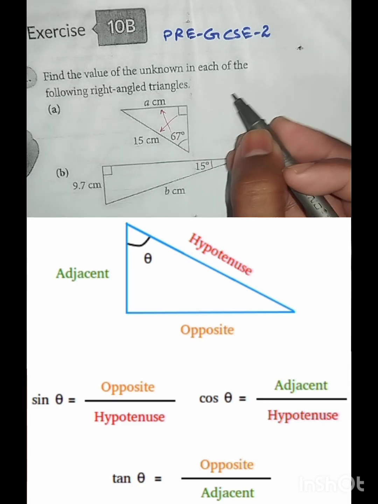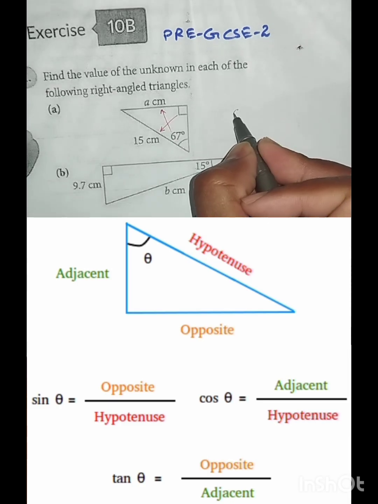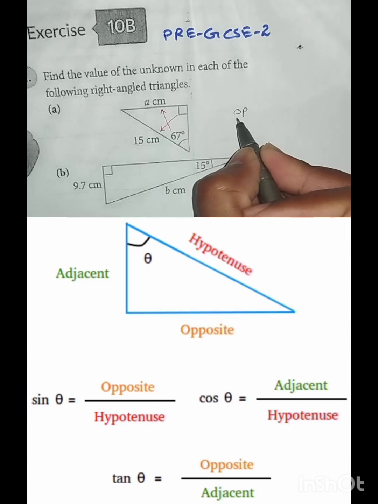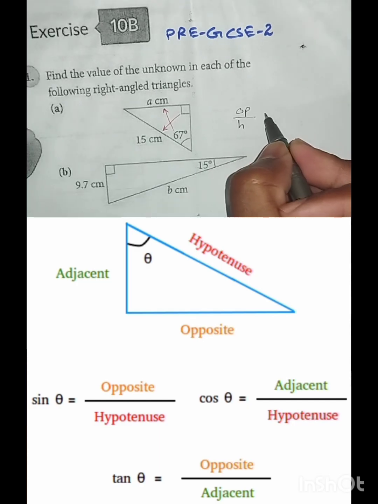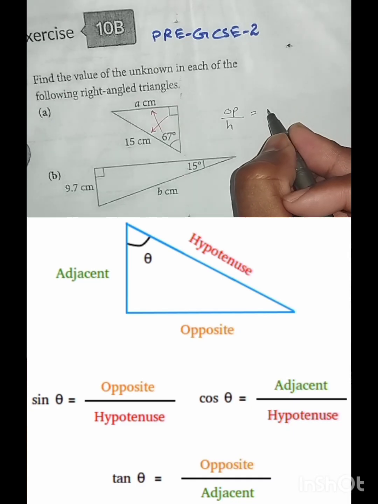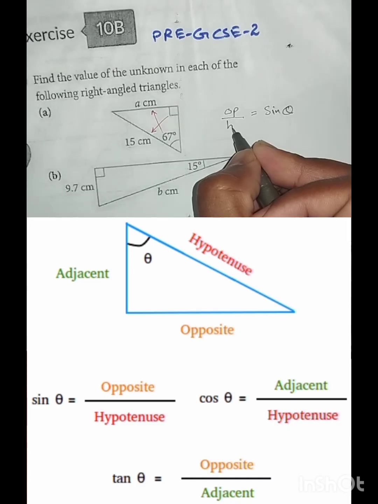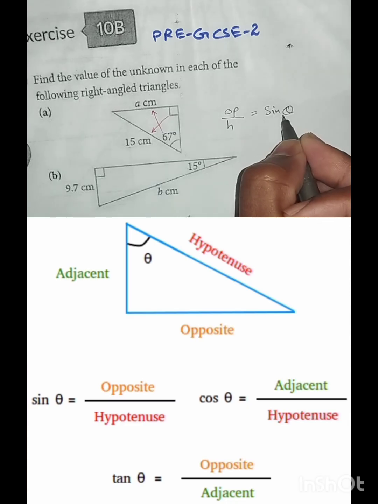So you can see that I am given the opposite and hypotenuse. The ratio of opposite, or perpendicular, and hypotenuse is always called sine theta.